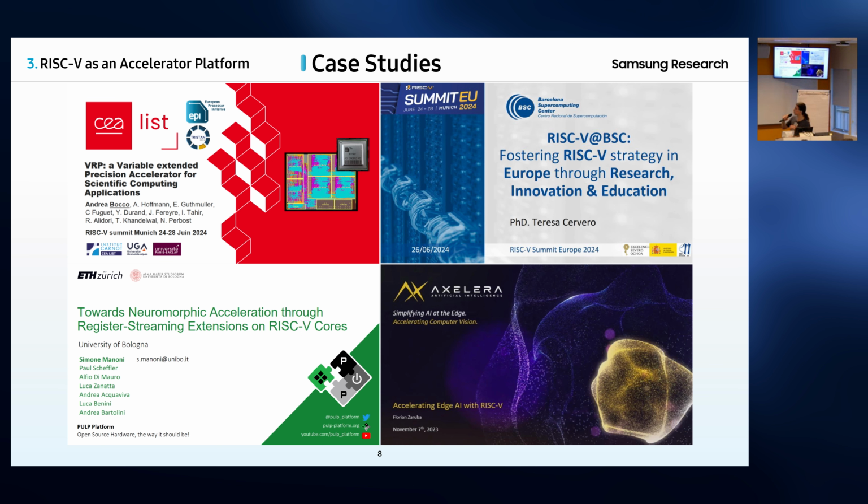So the first example is VRP, a variable extended precision accelerator for scientific computing applications. It's a really interesting thing because, as I said, with RISC-V you can take the entire ecosystem and extend it with your own ISA extension. Here, the use case was scientific research where they really needed extended precision of floating point numbers for iterative algorithms.